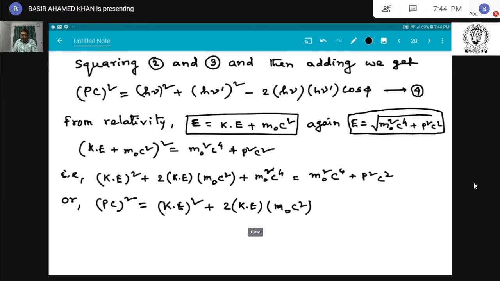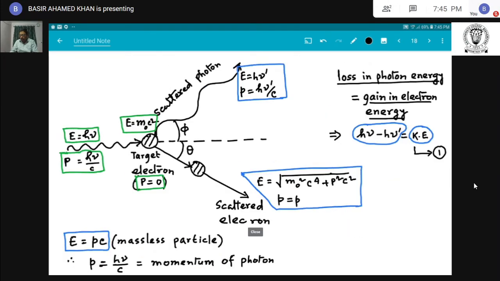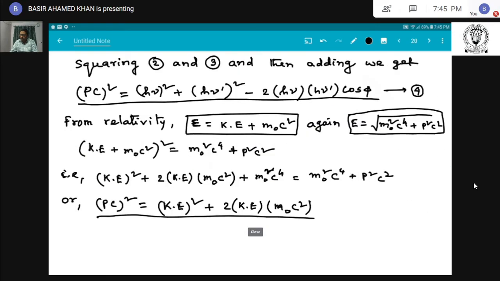Again, here p square c square equal to this, and here p square c square equal to this. Now again we know from equation number 1 that the kinetic energy equal to h nu minus h nu prime. So we put this value and calculate.